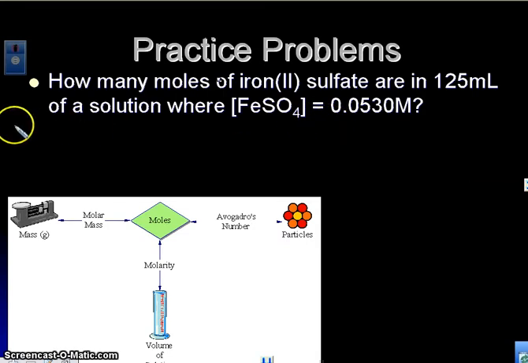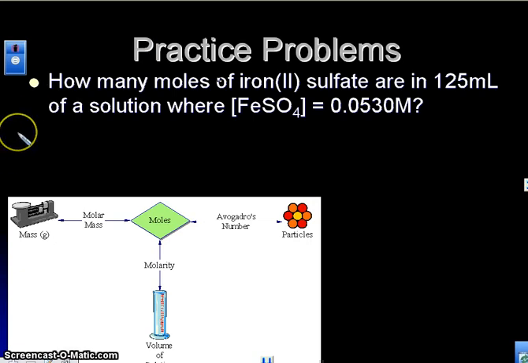So we've got our equation for molarity, and it's asking us for moles. So if we have our volume from our problem, 125 milliliters, we can use our molarity to convert to moles. So let's try that.